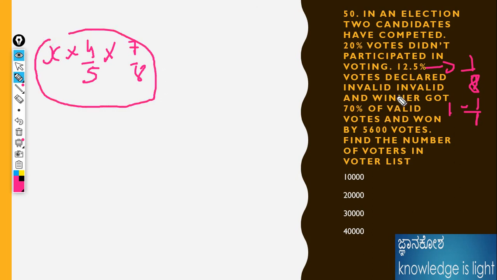Then candidate A got 70%, and among that B should be 30%. The difference between the two is 40%. For 40% I can write 2 by 5 here.